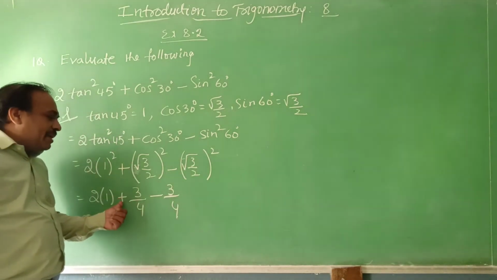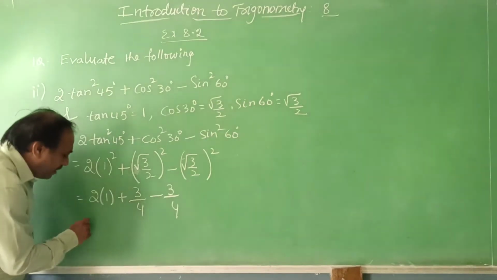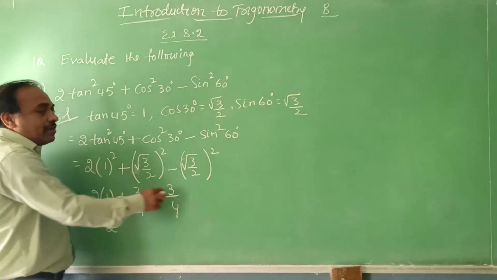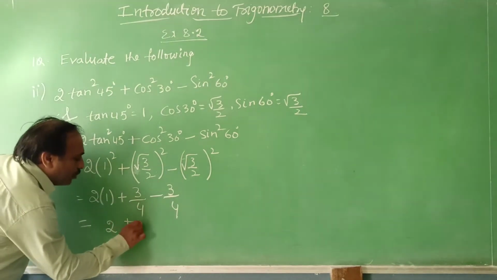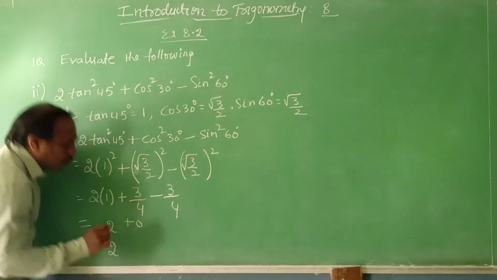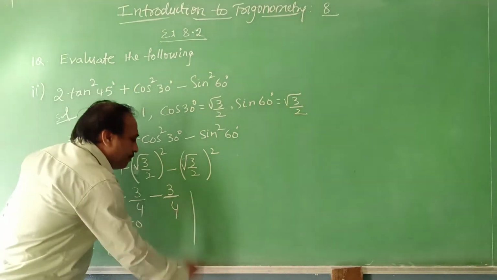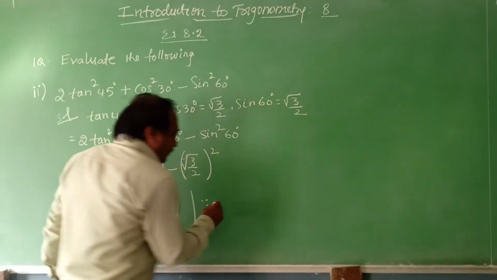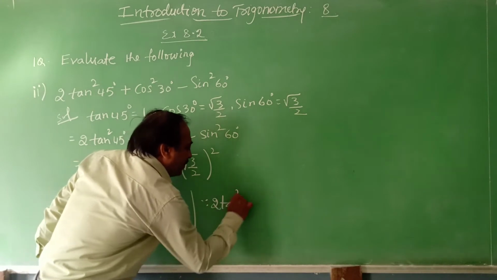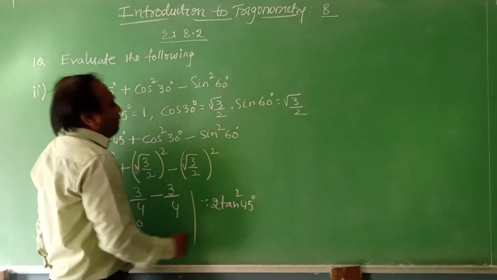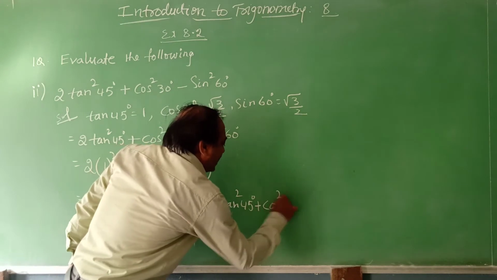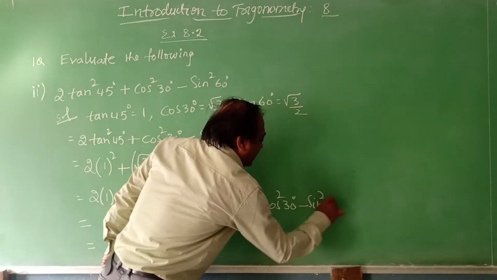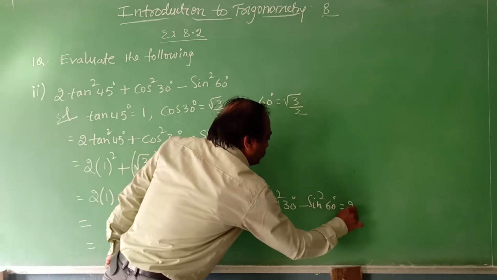So this is plus 3 by 4 minus 3 by 4, which is equal to 2 into 1, which is 2, and of the two values one is plus and one is minus, so we write it as 0. Therefore 2 tan square 45 degrees plus cos square 30 degrees minus sin square 60 degrees is equal to 2.